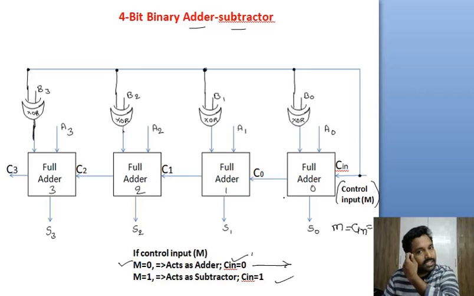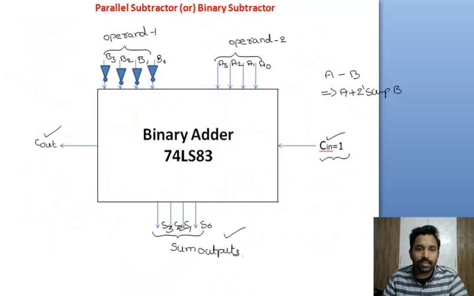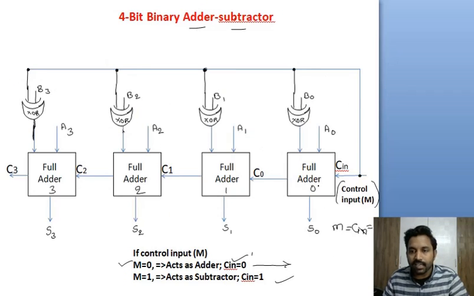To understand this concept, let us observe here. We need to understand the XOR gate truth table. This is the XOR gate truth table. For the cases 0 0, 0 1, 1 0, 1 1, the output is 0, 1, 1, 0. This is the XOR gate output. Let us assume the control input is 0.